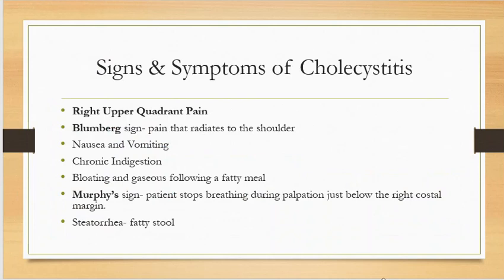So what are the signs and symptoms of cholecystitis? So this is a very common disease or condition that I saw as a new nurse. I worked in Central California as a new nurse, and I worked on the med surg floor, and I just thought there was a special on lap choles because it seemed like everyone was getting their gallbladder removed.